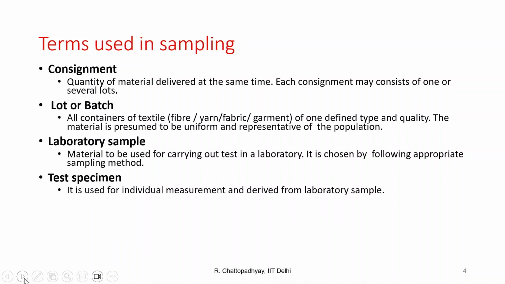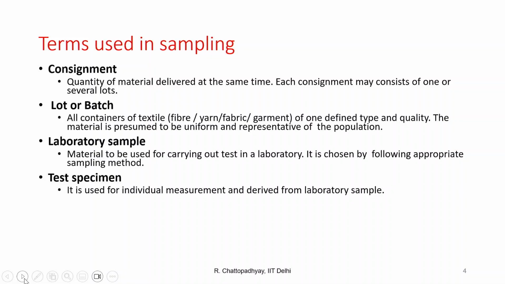Next comes test specimen. It is used for individual measurement and derived from the laboratory sample. So once the laboratory sample arrives in the laboratory, then we may cut specimens from that particular sample.